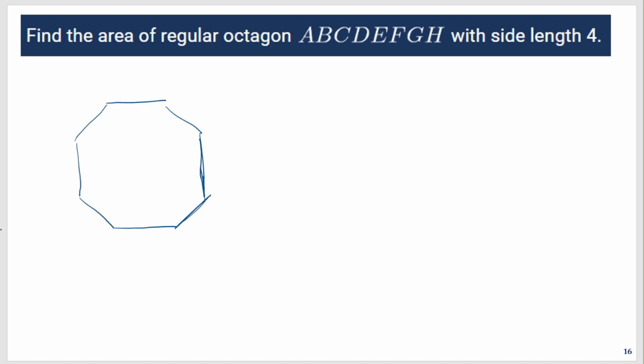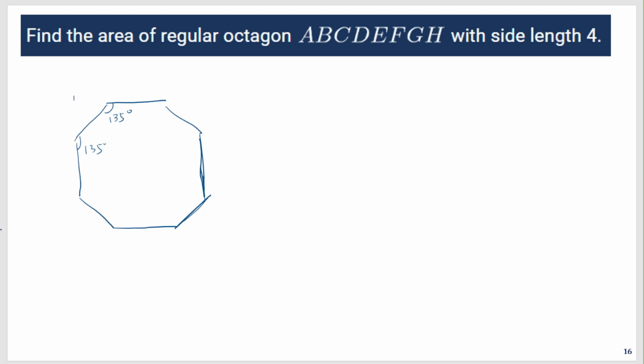And also note that the interior angle of a regular octagon is 135 degrees, right? Did you get it? And of course, this angle is also 135 degrees.